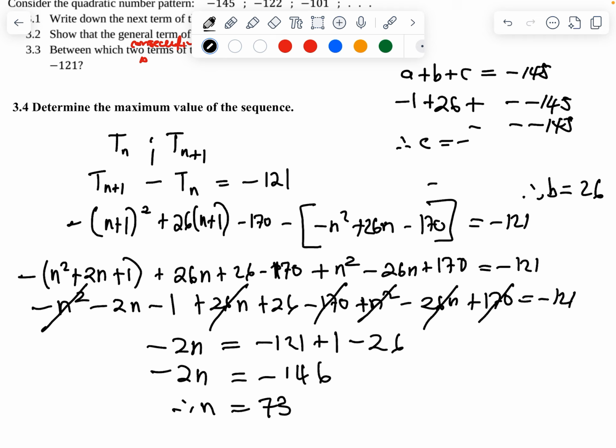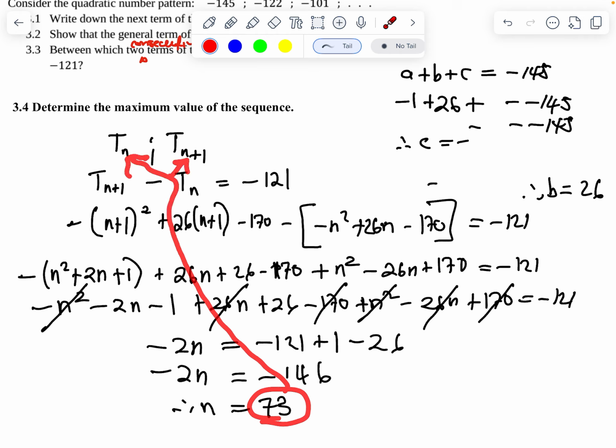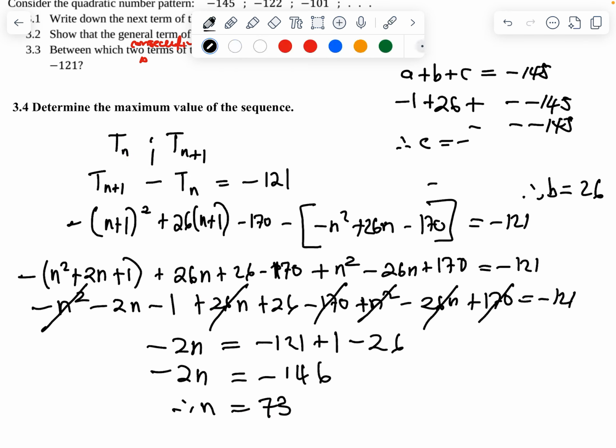Now that we know that our n is equal to 73, if we go back, we take this 73 and put it here and there. It means the two consecutive terms are term number 73 and term number 73 plus 1, which is term number 74.